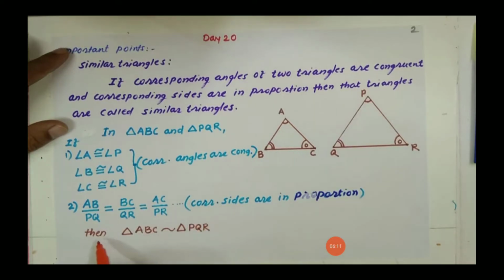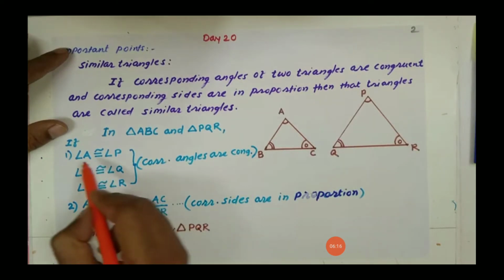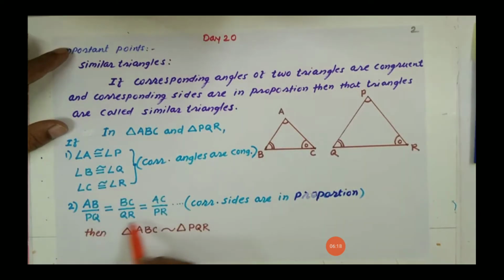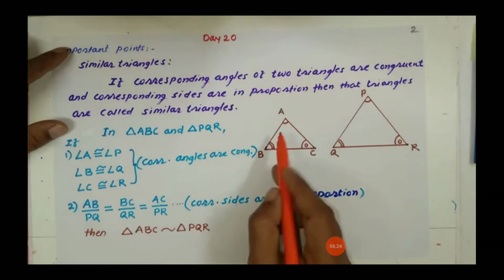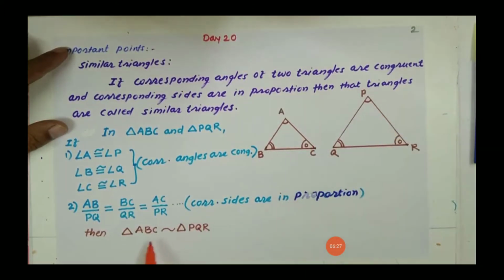Then triangle ABC is similar to triangle PQR. If this is there, meaning angles are congruent and the sides are in proportion, then we can say triangle ABC is similar to triangle PQR.